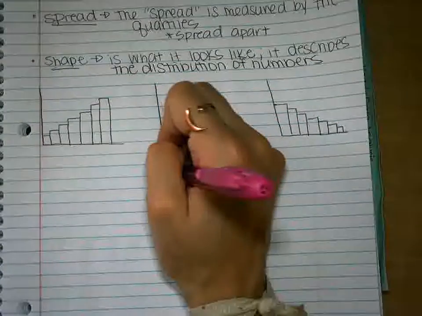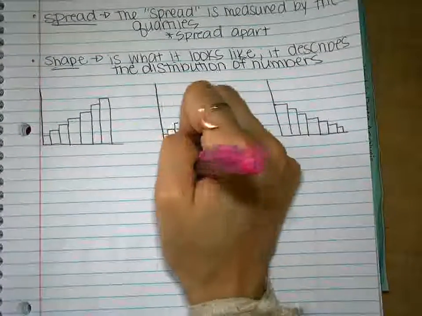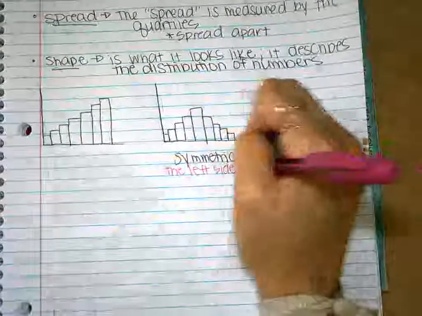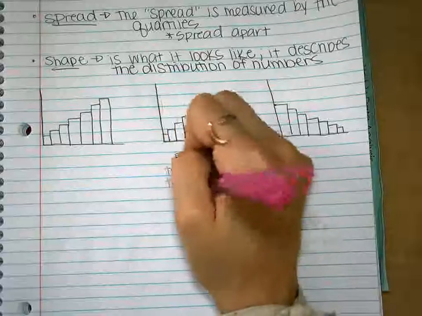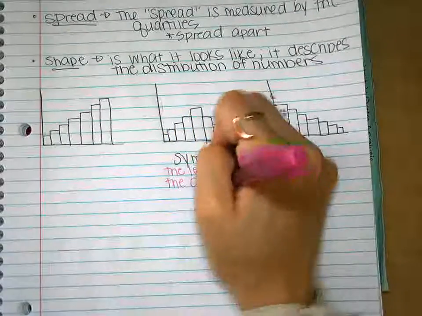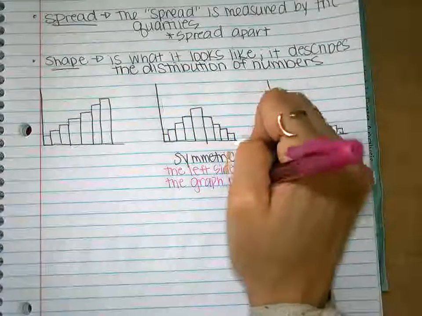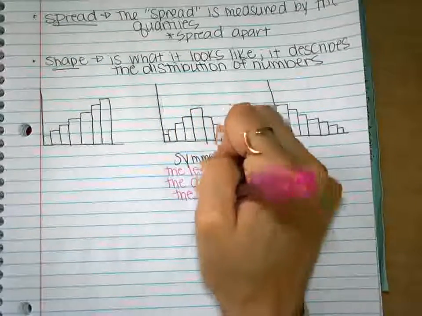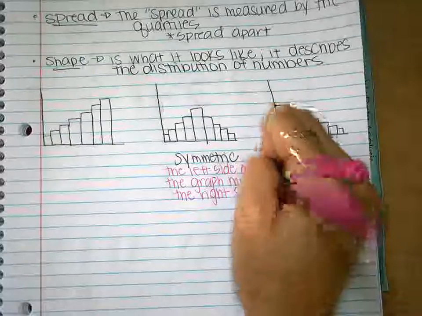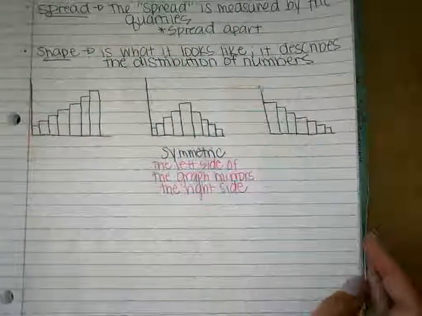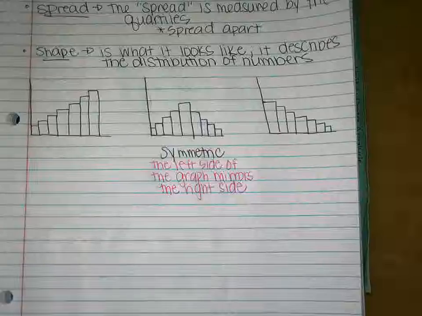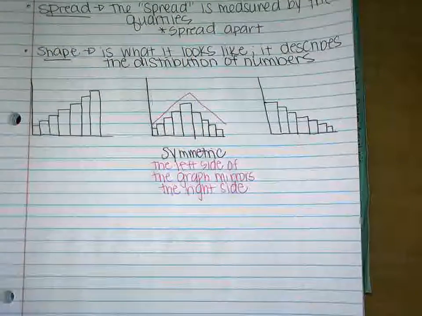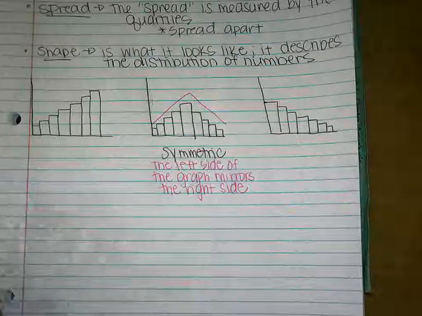So when something is symmetric, this means the left side of the graph mirrors the right side, meaning they look exactly the same. So when they look the exact same going up and going down, it is symmetric.